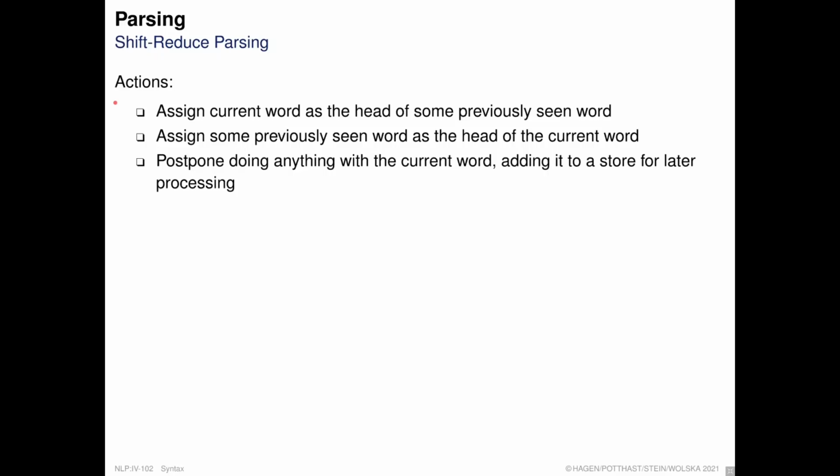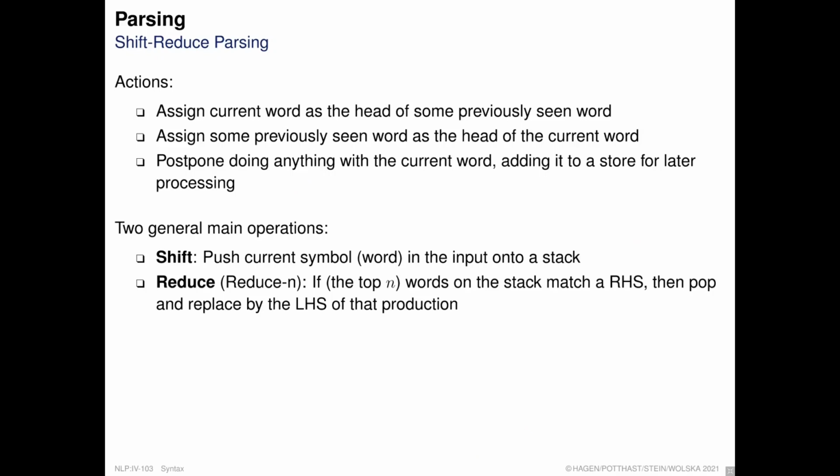We can assign a word as the head. We can decide to assign some previously seen word as the head of the current word, so basically the current word will be a dependent. Or we can postpone doing anything with the current word and add it to a store for later processing. So basically, we put it on that stack list.